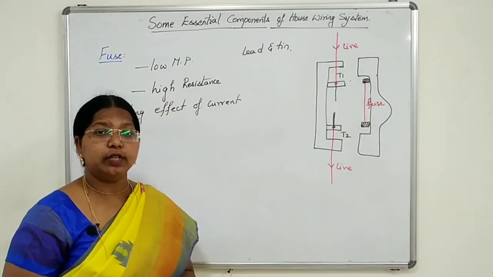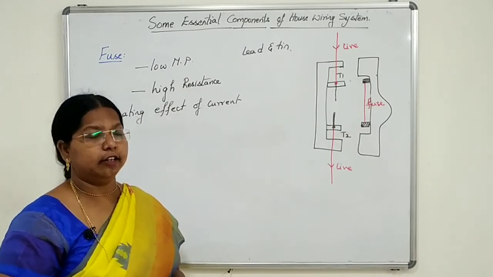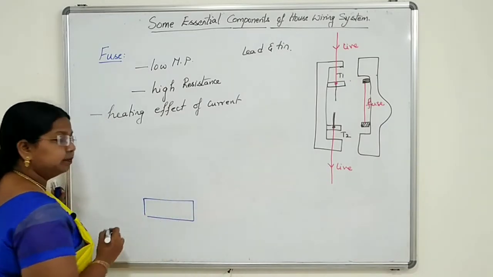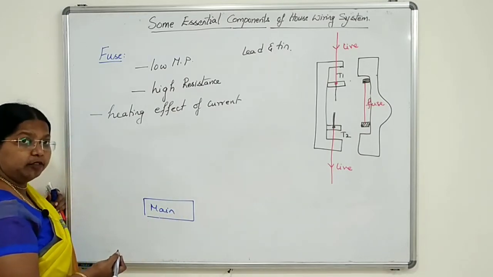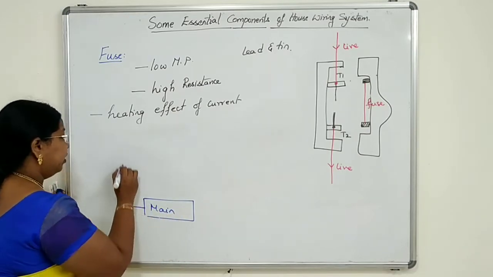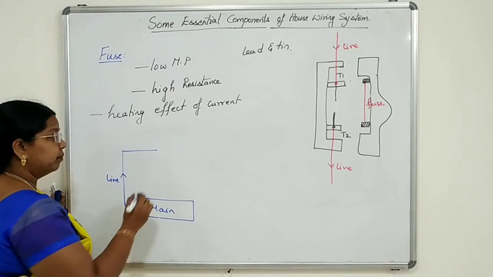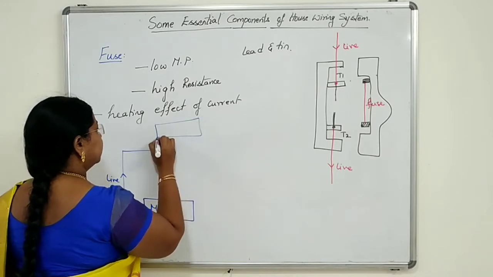Very important thing, students: this fuse should be connected in the live wire. Let us see what happens if it is connected in the neutral. Okay, so this is the main from where the current will be coming. So we have a live wire. This is live. Current is entering the appliance.